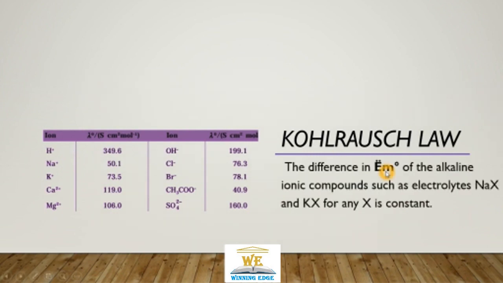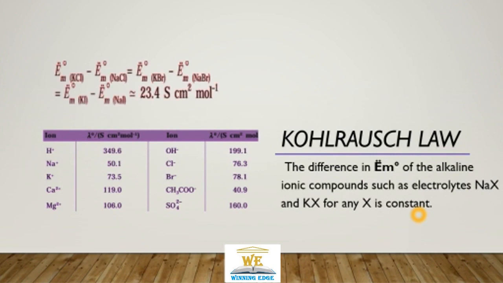The difference of limiting molar conductivity of alkaline ionic compounds such as electrolyte sodium X and potassium X, for any X, is constant. Here we see chlorides are the same, only potassium minus sodium; it is the same for bromide also.